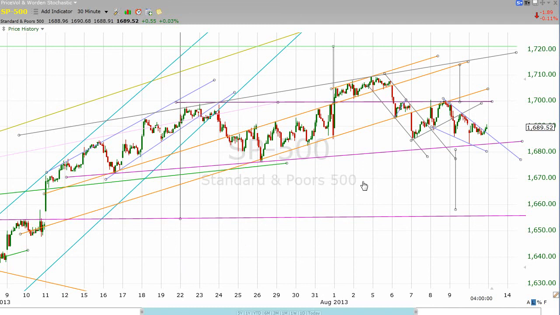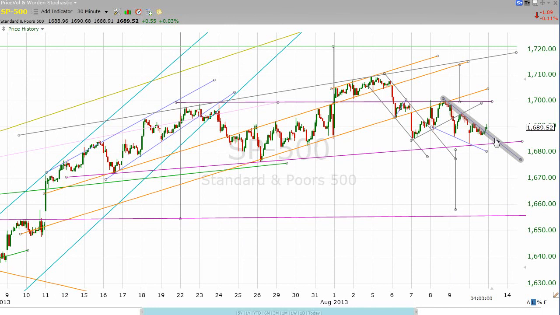I don't believe that. However, and we've talked about this before, there is such a thing as gap support. So if we do break down through here, I would look for gap support. And that would likely be a good buying opportunity if this market breaks to the downside. But will it break to the downside with what we see today?